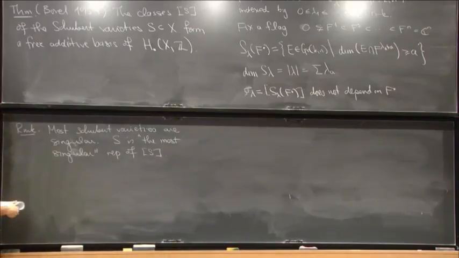Okay. So in connection with this observation, for any X and any S. So for any rational homogeneous variety, most Schubert varieties are singular, and they can be viewed as the most singular representative in that class.